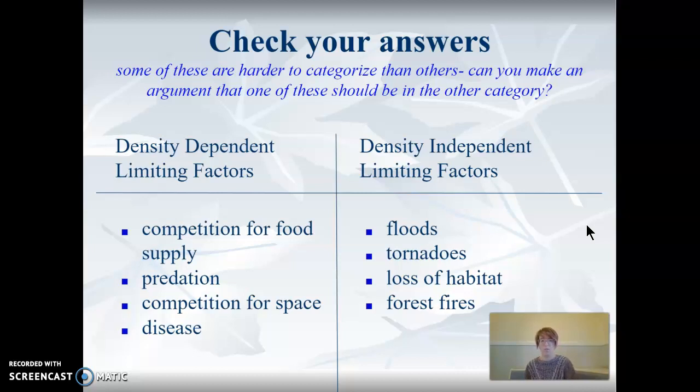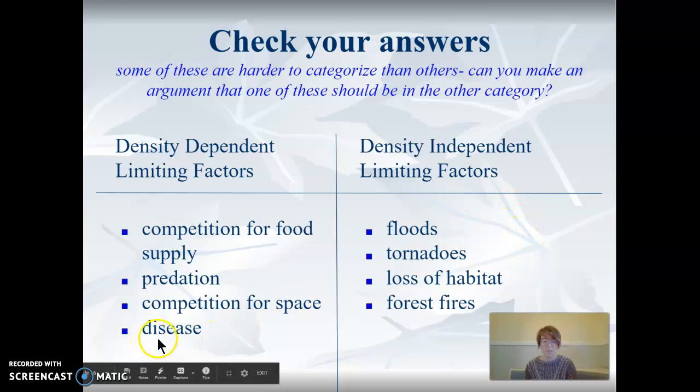But notice a lot of natural disaster type things are in the density independent limiting factors, because those things are going to kill organisms regardless of how many of them there are.